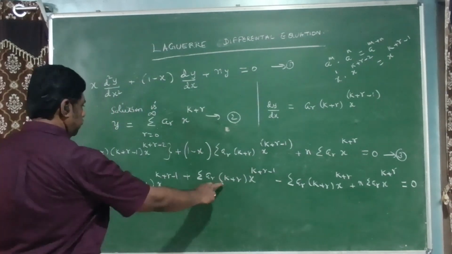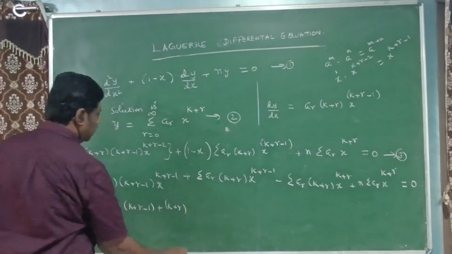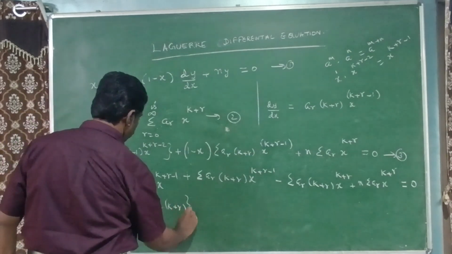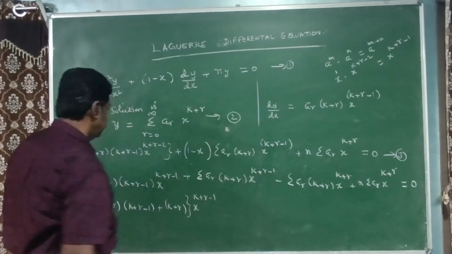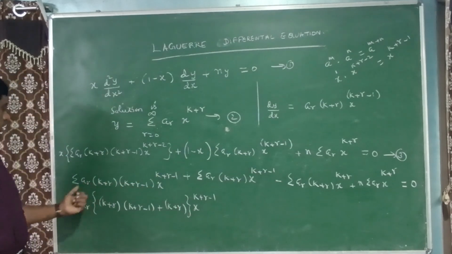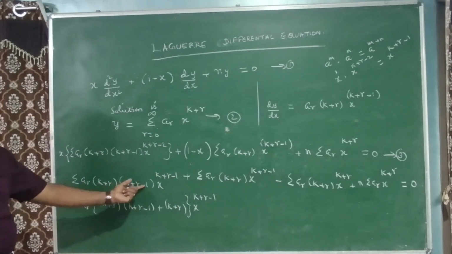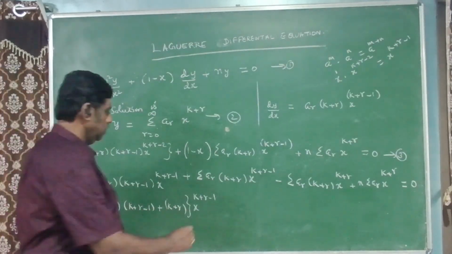Here one term is present, (k+r). Entire is multiplied by x^(k+r−1). We have taken out x^(k+r−1) and a_r outside: (k+r)(k+r−1) plus (k+r).